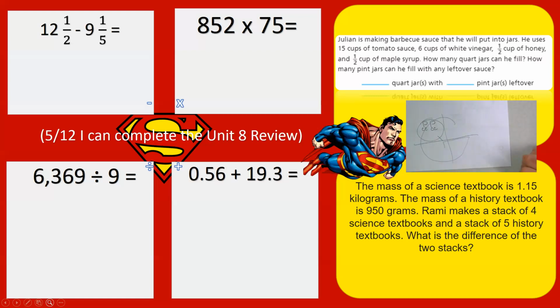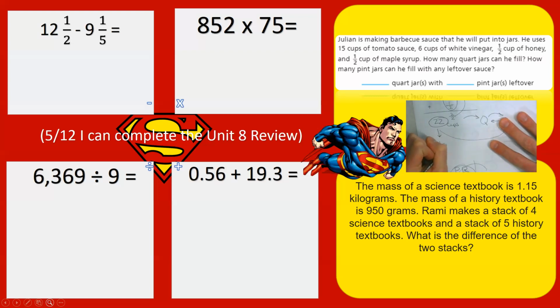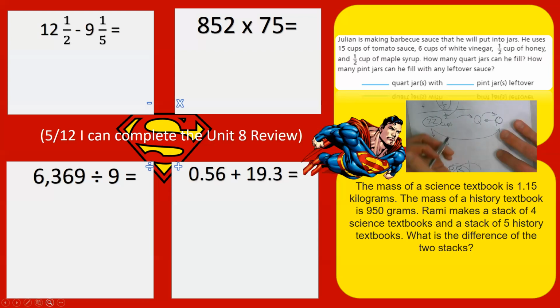If I have 22 cups and I want to turn them all into pints, I know that it takes 2 cups to make 1 pint. So 22 cups would make 11 pints. Does that make sense to you? And remember, if that doesn't make sense, do your double blinker, right?